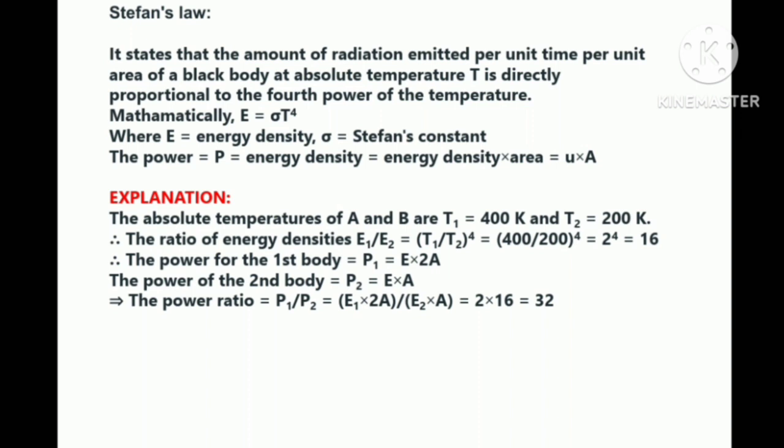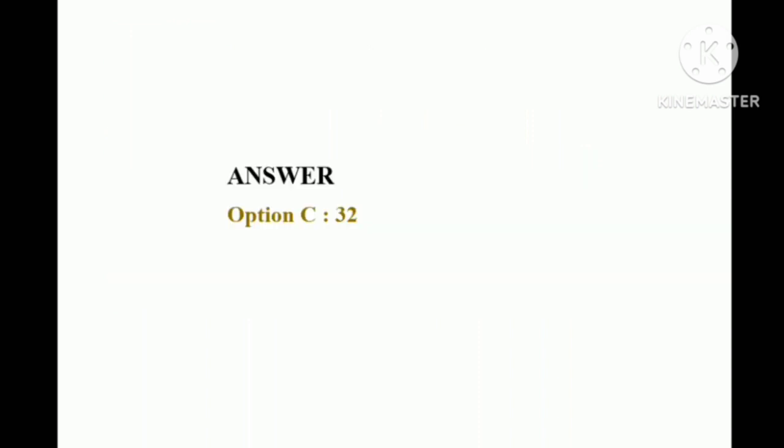The power of the first body is equal to energy density into 2 times the area. The power of the second body is equal to energy density into area. The power ratio is equal to E1 into 2A upon E2 into A. We obtain 32. Hence, the correct answer is option C, 32.